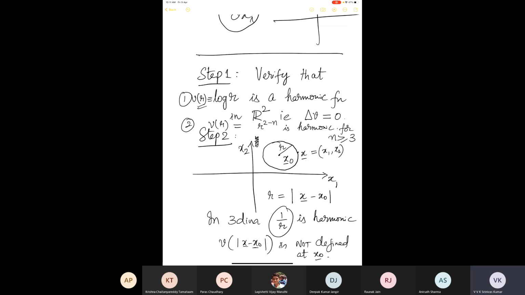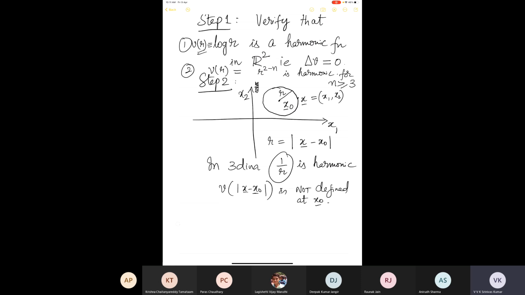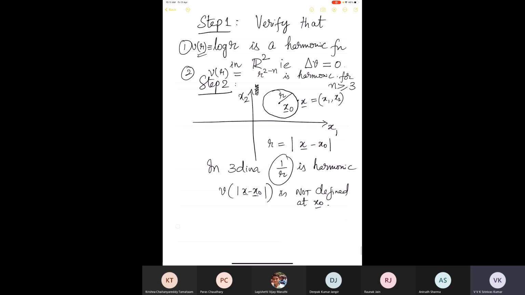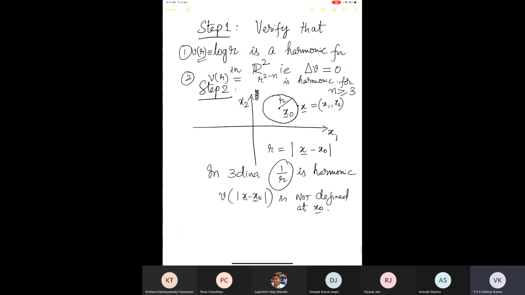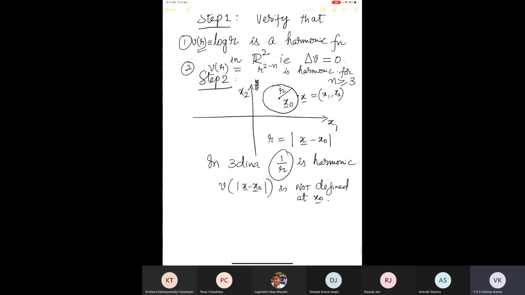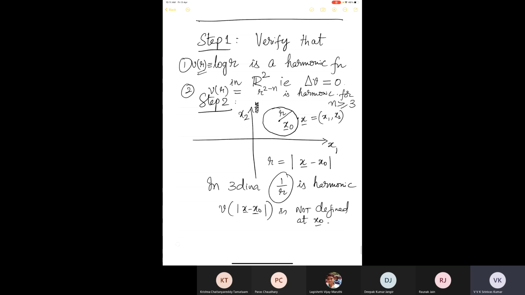There is a singularity of these functions at the point x naught. We know that r is a radius, so r should be strictly positive. So this is step 1.